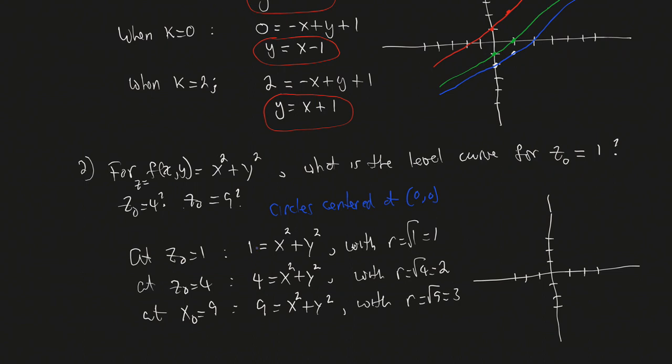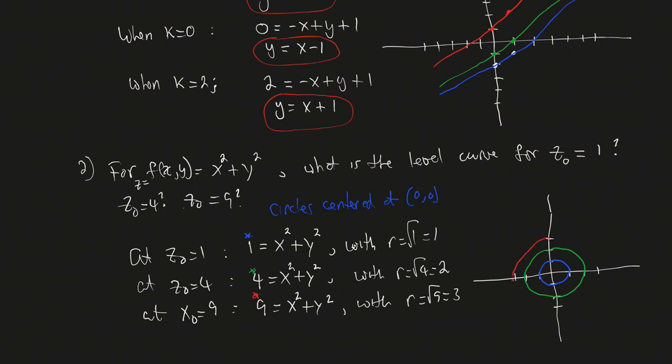So again, let's start with this one. This one is in blue. There is our nice unit circle. And then let's say this one is in green. So again, just move out 1 unit in all 4 directions. And then this one has radius 3.